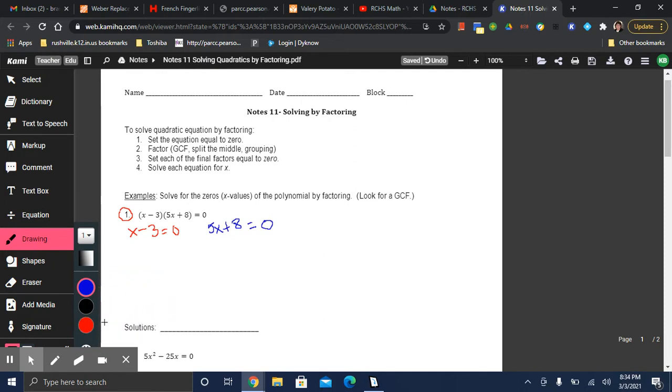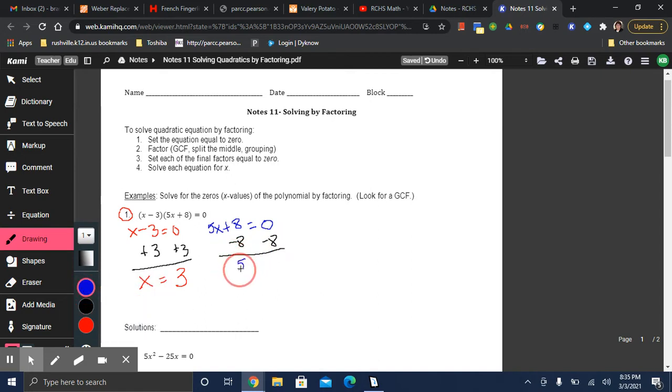So for the x minus 3, I'm going to solve that equation. I can add 3 to both sides of the equal sign, and that'll give me x equals 3. And then for my second equation, 5x plus 8, the other parentheses, I can subtract 8 to both sides of the equal sign.